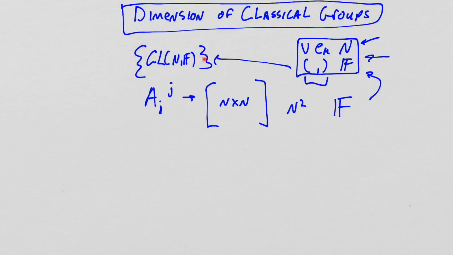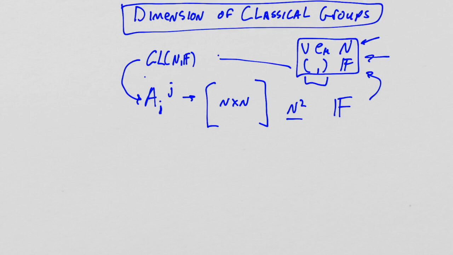Putting these brackets here makes it silly. This is understood to be the set, so making it the set of something that's understood to be the set is kind of absurd, so I'm going to get rid of those. But A is a member of that general linear group, and there's n squared independent values you can pick to be a member of that group.